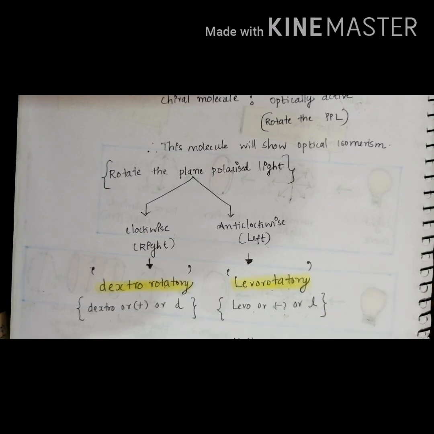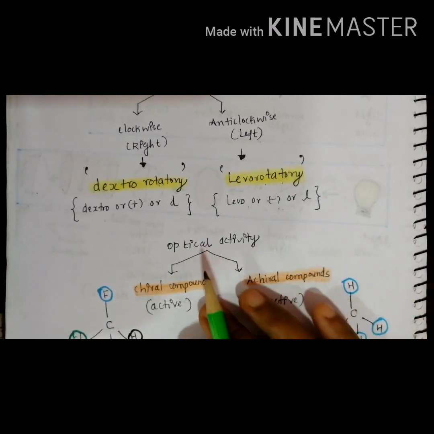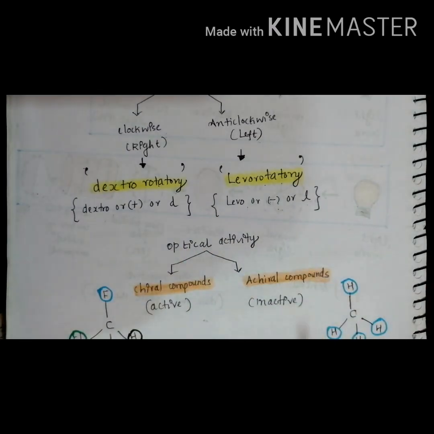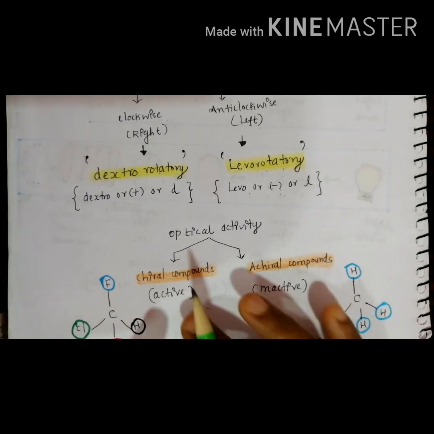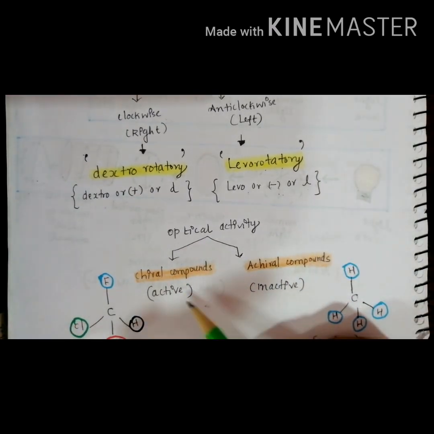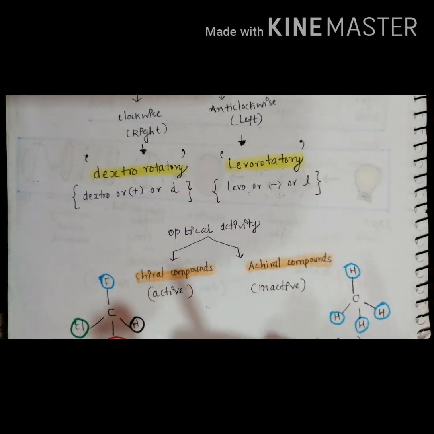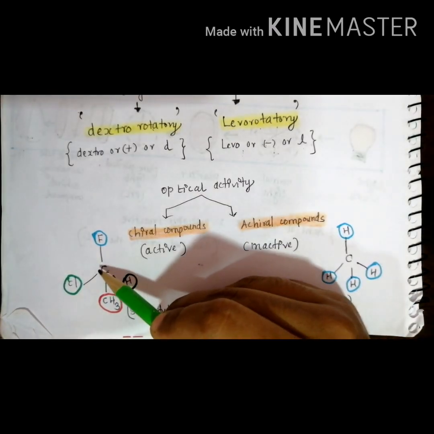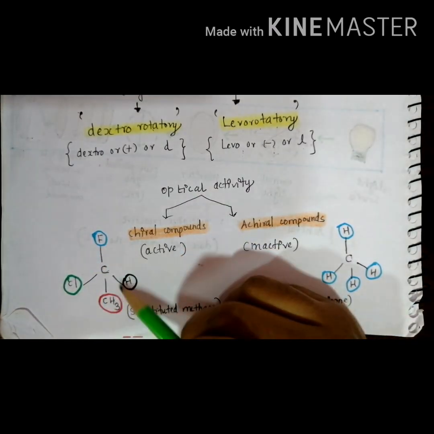Finally, I am considering optical activity as a whole process. There are two kinds of compounds that respond to optical activity: chiral compounds and achiral compounds. Chiral compounds are optically active and achiral compounds are optically inactive, because chiral compounds can rotate the plane polarized light, but achiral compounds do not rotate the PPL. We know that a chiral compound means a carbon attached to four different groups of atoms.